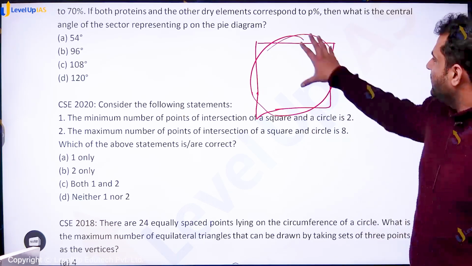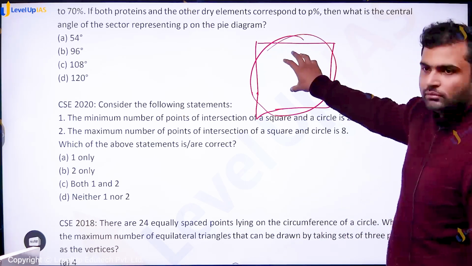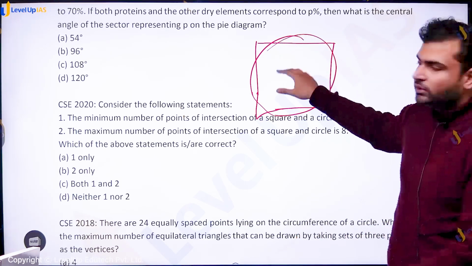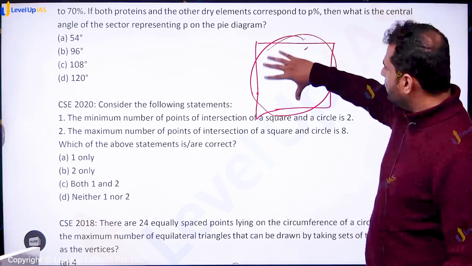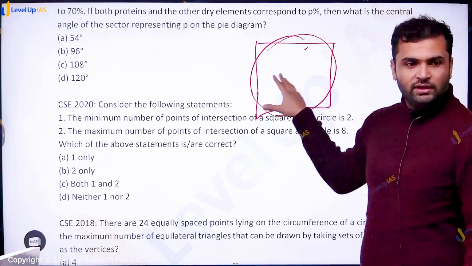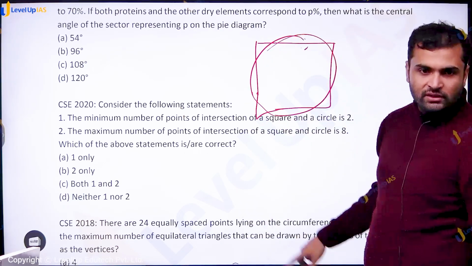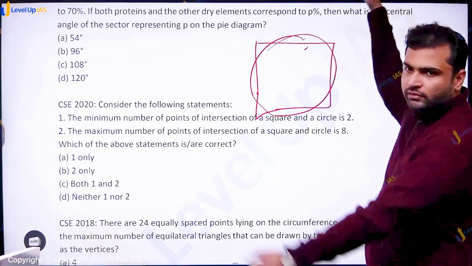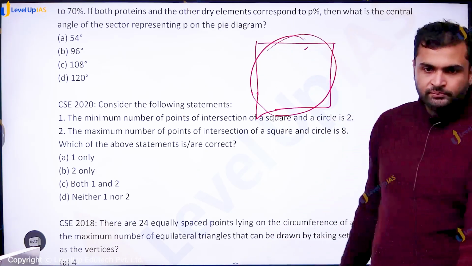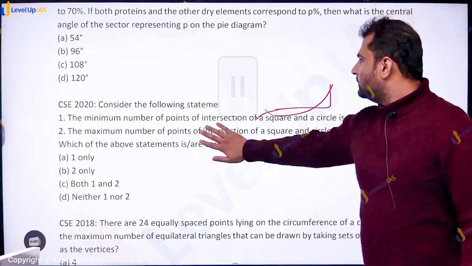You can take any square and I just slowly increase the size of the circle to make them intersect, and I find that at some particular sweet spot they will intersect at 8 points. After that they will intersect at 4 points when the corners lie on the circle, and after that there will be no intersection. ठीक?